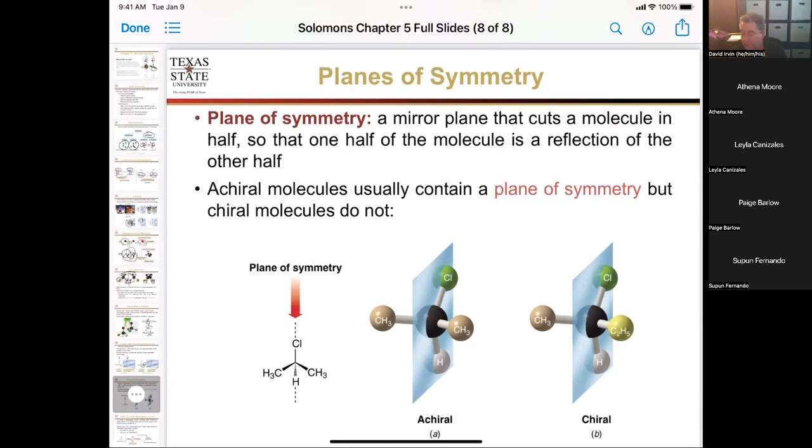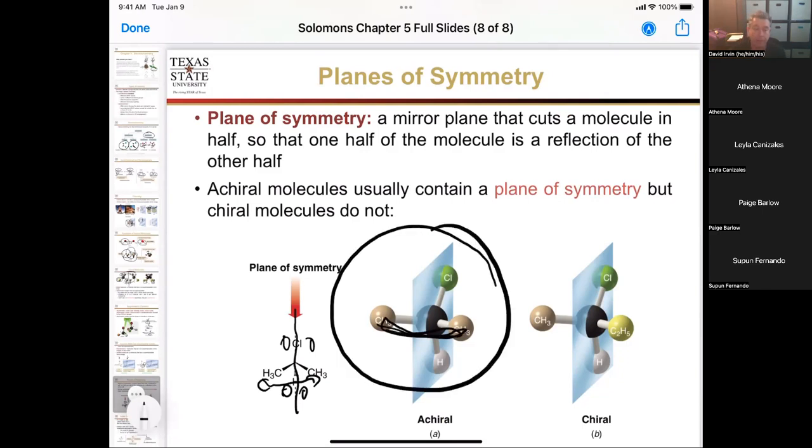Okay, so let's do that example here, and we're going to see that especially when we have more than one chiral center, we can put a mirror here, and look, the methyl group here mirrors this methyl group. Half of this hydrogen mirrors half that hydrogen, half of this chlorine, there's half that chlorine. So because these look identical on both sides, this is not a chiral molecule.